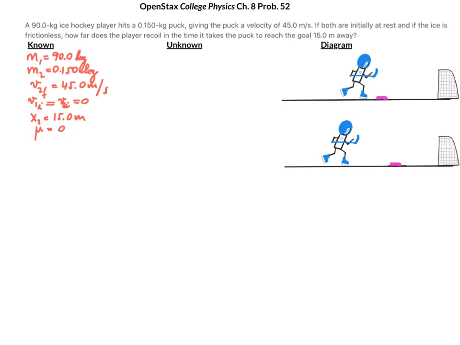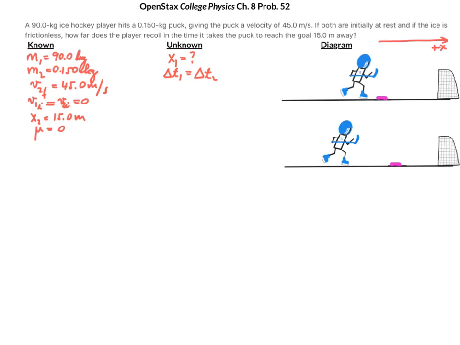All right, so now what we're looking for is the distance the hockey player will glide backwards in the same amount of time that the puck will go towards the goal. So let's draw some things here on our diagram. We have a positive x direction that I picked to the right, in the direction of motion of the puck.